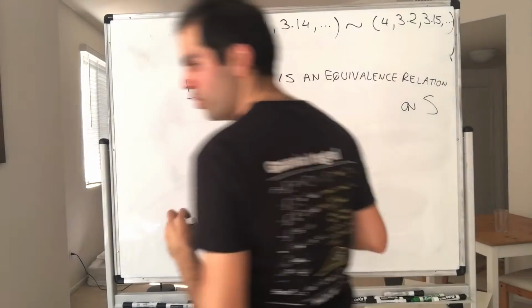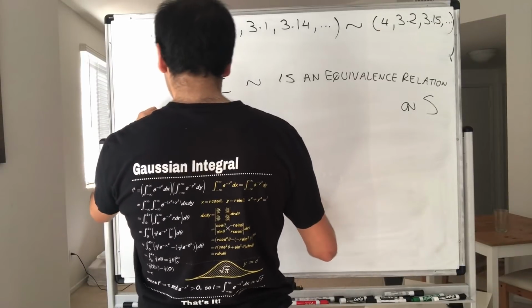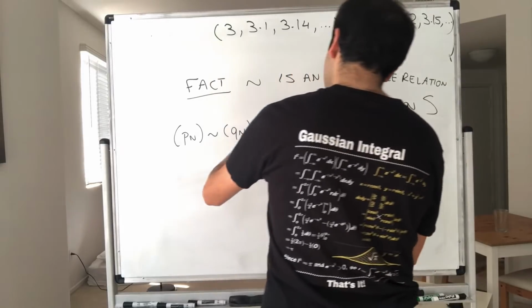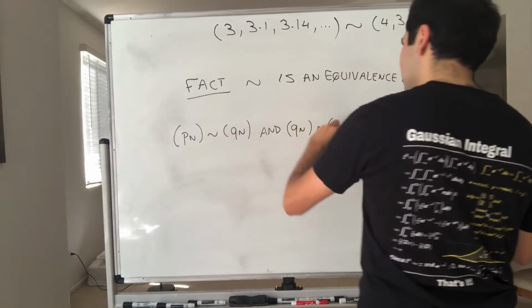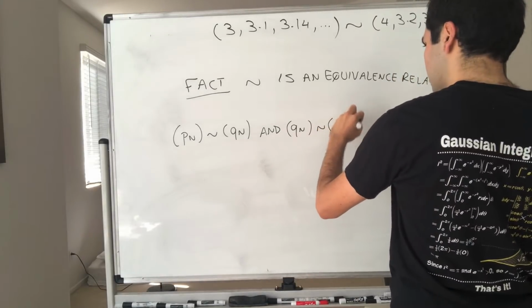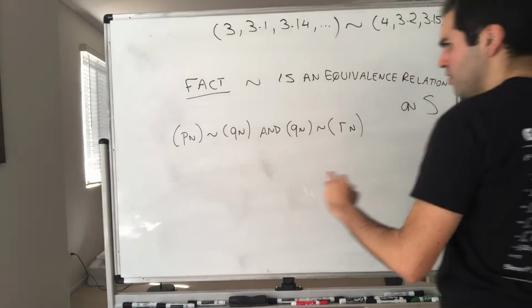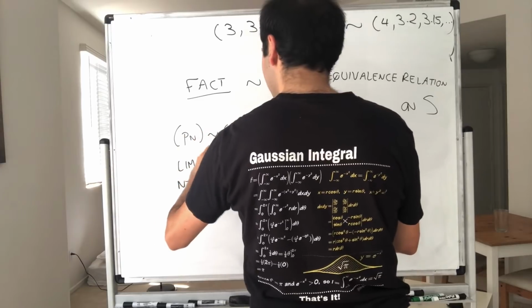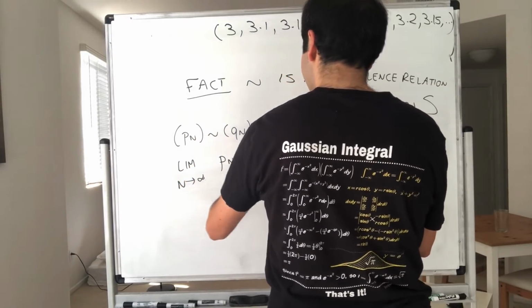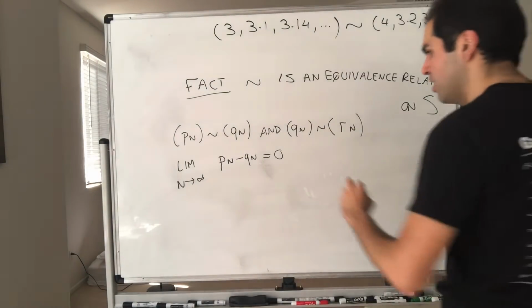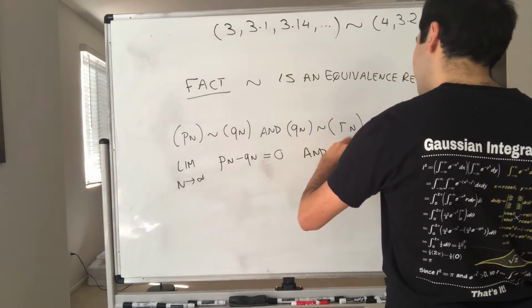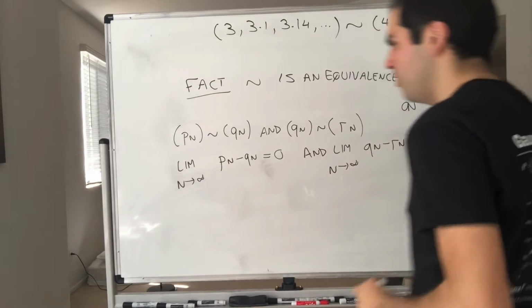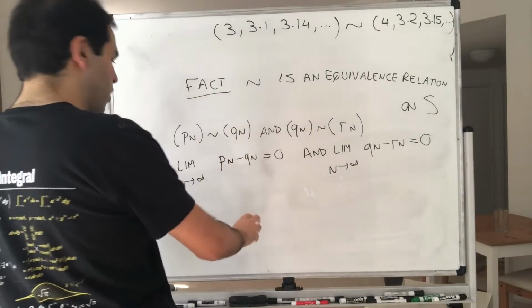For instance, let me just show transitivity. Suppose P_n is equivalent to Q_n and Q_n is equivalent to R_n. So in other words, what do we know? We know that the limit as n goes to infinity of P_n minus Q_n is 0. Doesn't matter here if we put absolute values or not. And we know that the limit as n goes to infinity of Q_n minus R_n equals 0. And then we want to compare P_n and R_n.